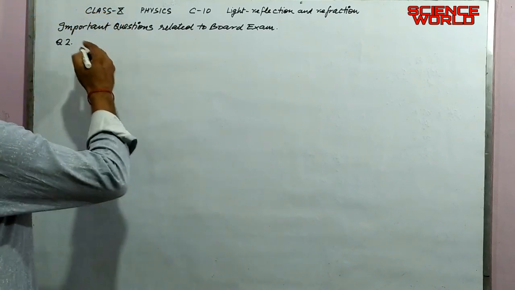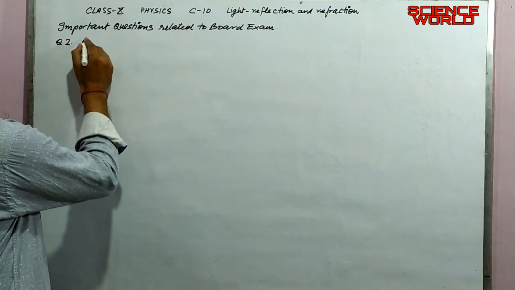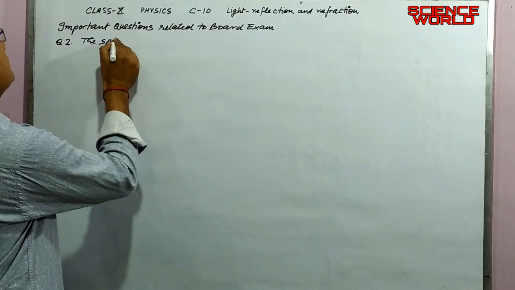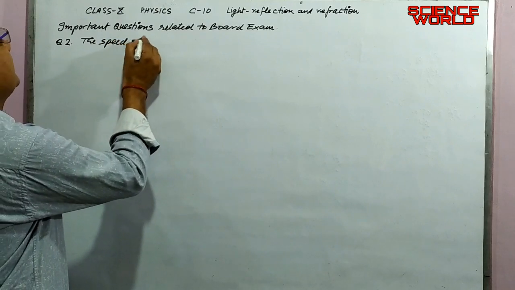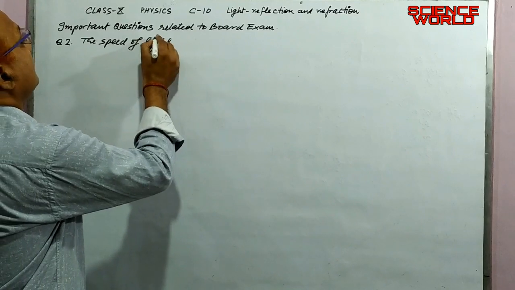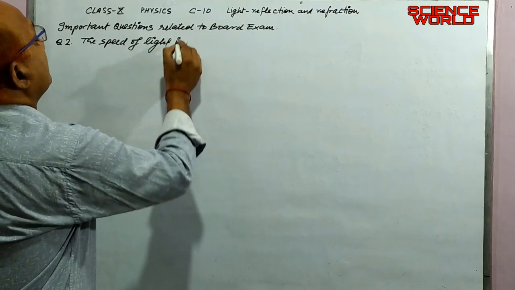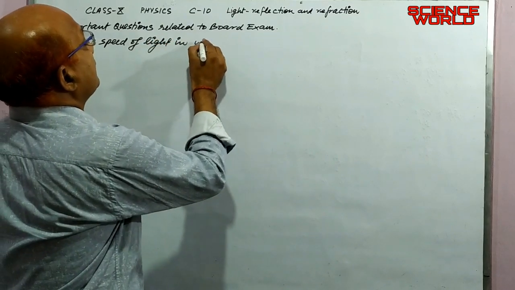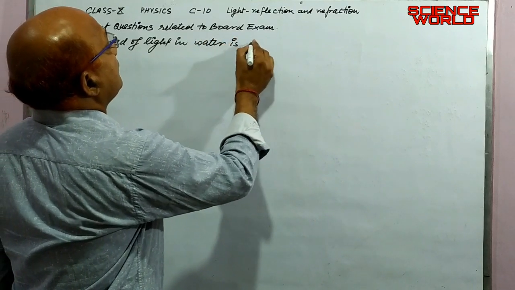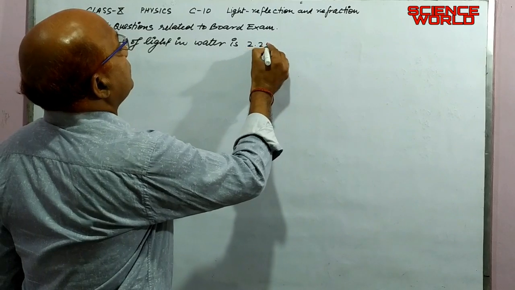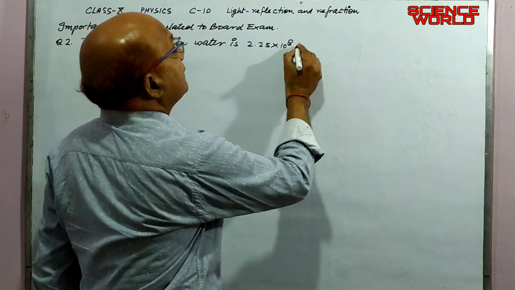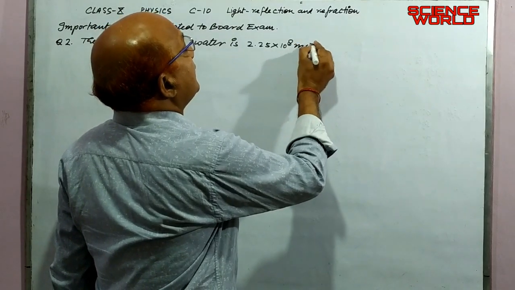So, this is the question. The speed of light in water is 2.25 into 10 to the power 8 meter per second.